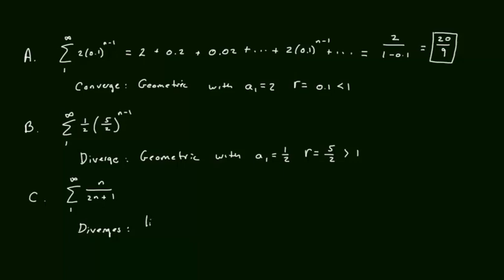If I take the limit as n goes to infinity of n over 2n plus 1, that goes to 1/2, which is not equal to 0, fails the nth term test, diverges. 1/2, which means in the end it's going to add 1/2 plus another half plus a half plus a half. If you keep adding a half, the sum is going to get bigger and bigger and bigger without bound.